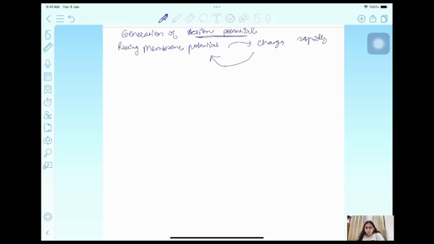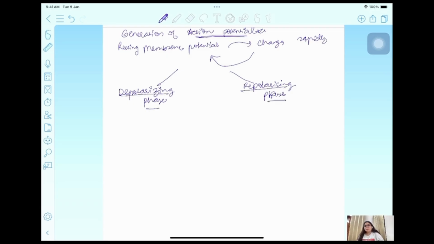This is a sequential event and it is termed as the action potential. Now, there are two phases in action potential. One is the depolarizing phase, second is the repolarizing phase.